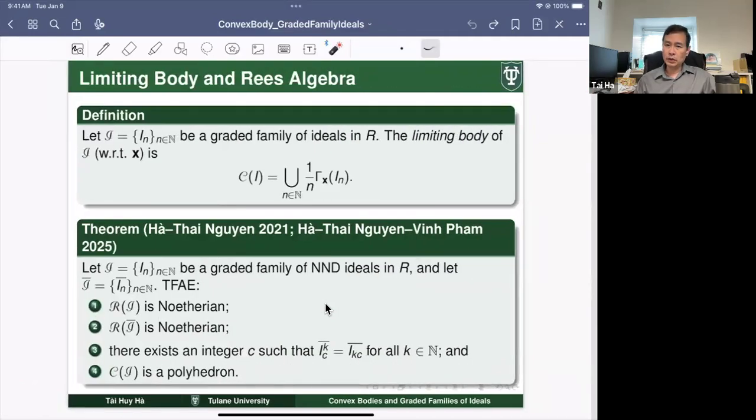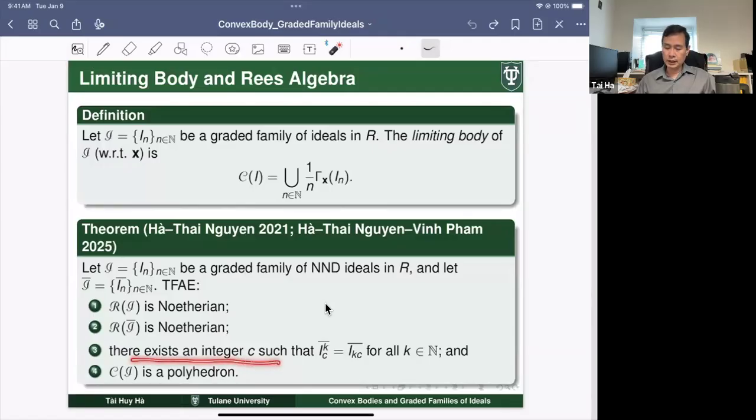And what we were able to prove is that if we start with a gridded family of NND ideals, then the following conditions are equivalent. The Rees algebra of the family is Noetherian, or the Rees algebra of the family of integral closures is Noetherian.